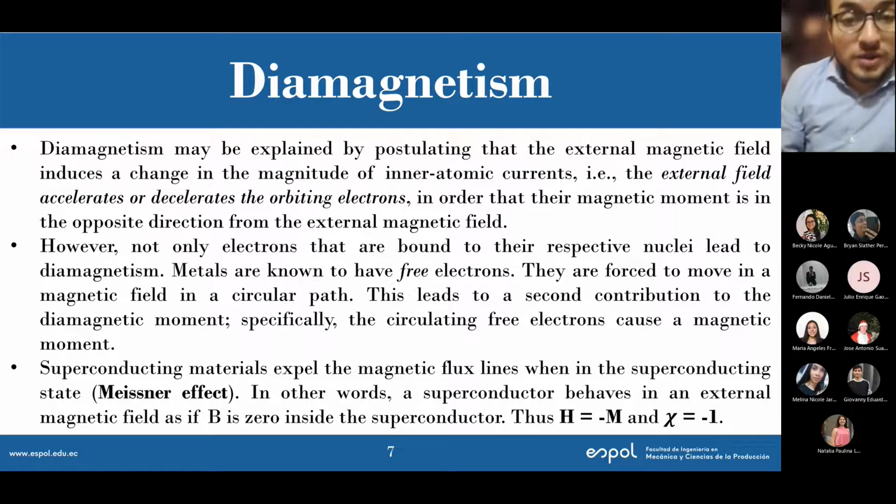It's that phenomenon where all of my electrons, or the spins of the electrons, are aligned in the opposite direction from the external magnetic field. And that is because that magnetic field is either accelerating or decelerating the orbiting electrons that my material has.